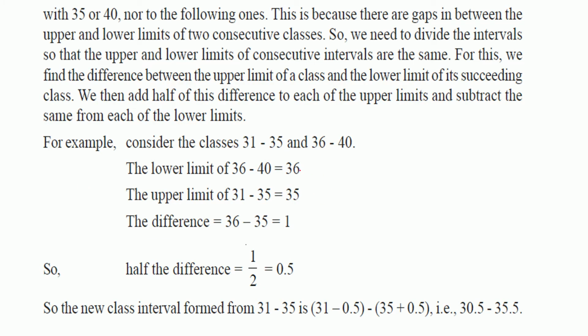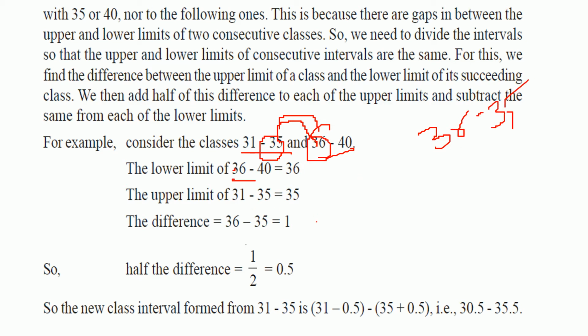What we can do here is we have a very good option. Take the lower limit of 36 to 40, and the upper limit of 31 to 35, which is 35. Now take the difference: 36 minus 35.